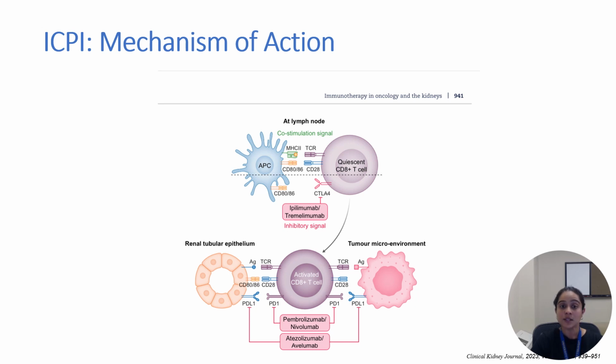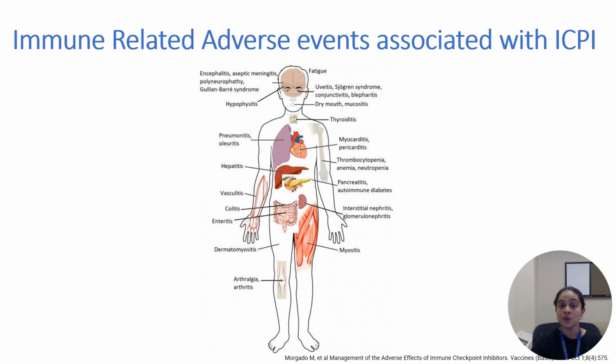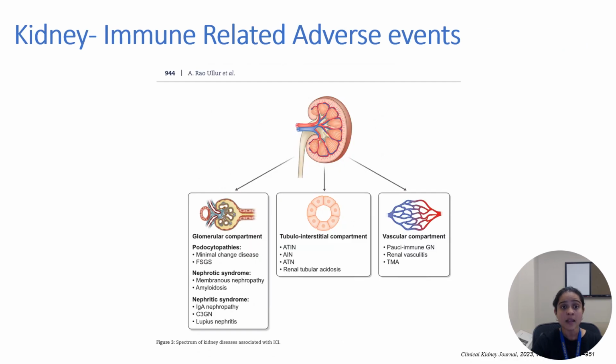Unfortunately, as a consequence of activation of the immune system, there are some immune-related adverse events associated with these medications. They can affect a variety of organ systems, starting from encephalitis to renal manifestations, and the endocrinopathies, hypophysitis and thyroiditis, myocarditis, and so forth. In the kidney, there are several immune-related adverse events.